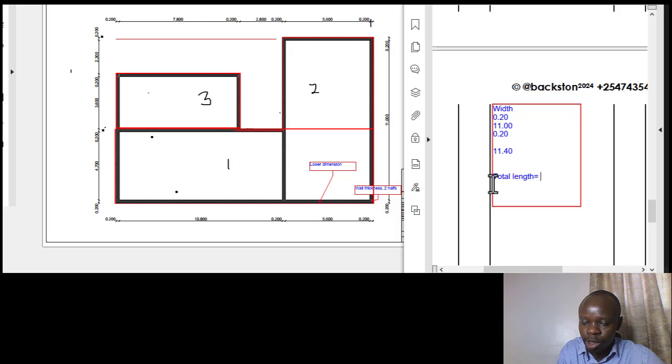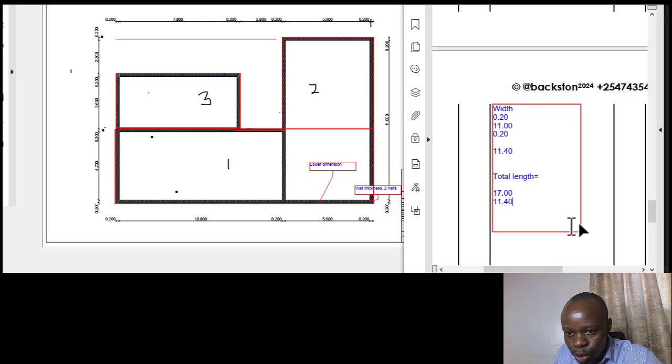Okay, so let's just stick to the approach. So 17.00, and then we add 11.40. When we add these two, we get 28.40.